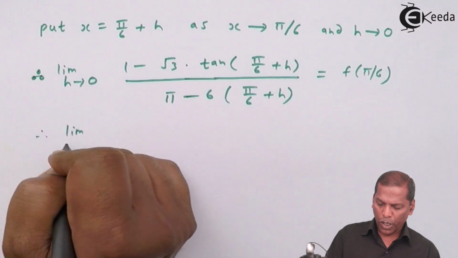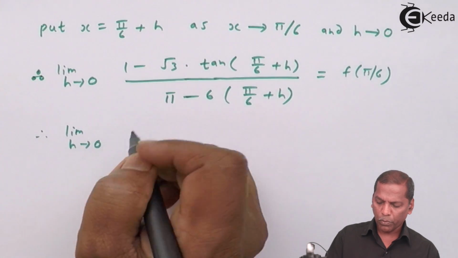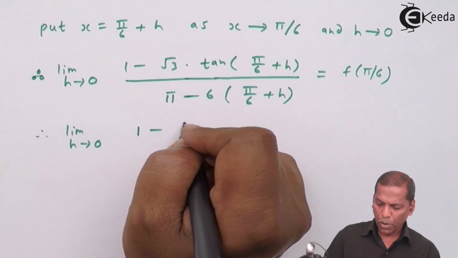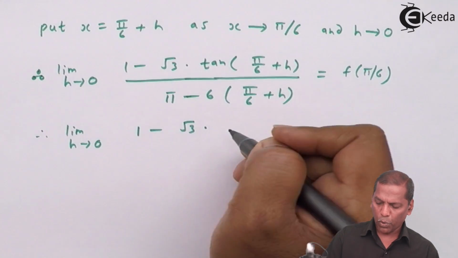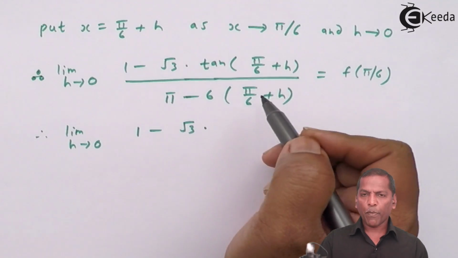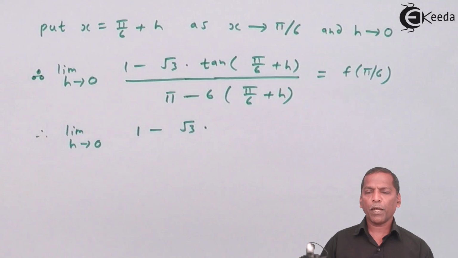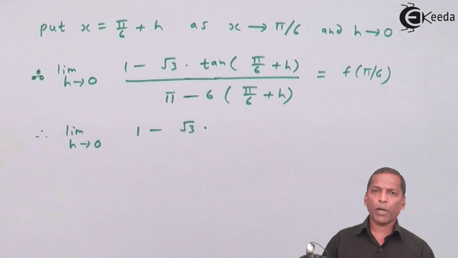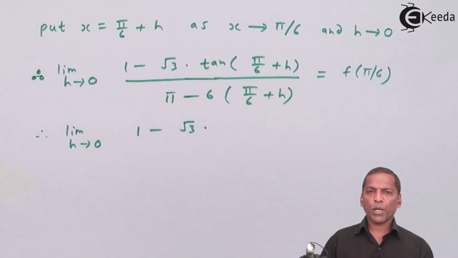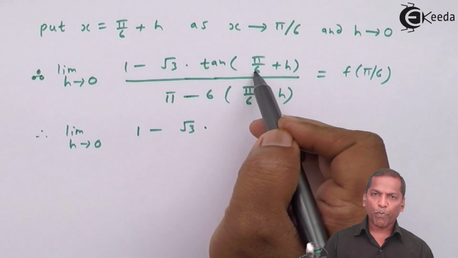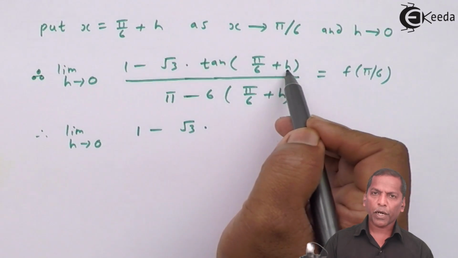Therefore, limit h tends to 0, 1 minus root 3 into, now tan of pi by 6 plus h, so here we have to use tan of a plus b formula for trigonometry, which gives us tan of a plus tan of b upon 1 minus tan a into tan b. So in present case, a represents pi by 6 and b represents h.